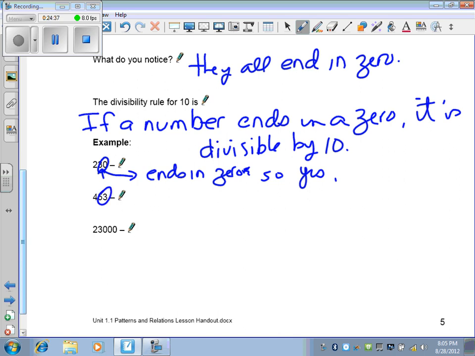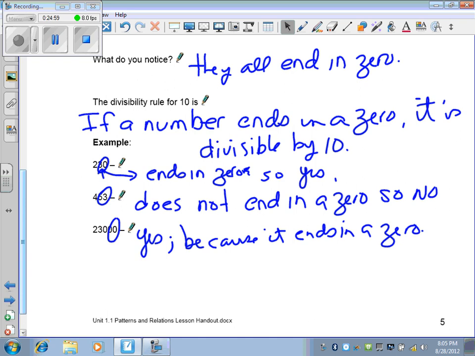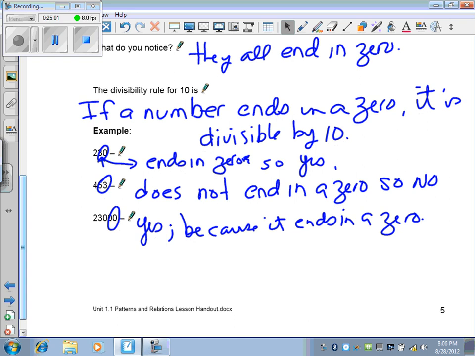This one does not end in a 0, so no. And this one is a yes, and the reason is because it ends in 0. All right, that takes care of the divisibility rule for 10.